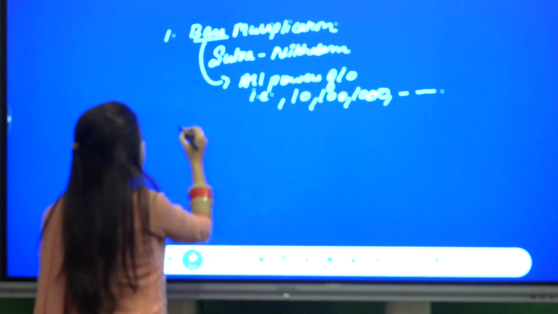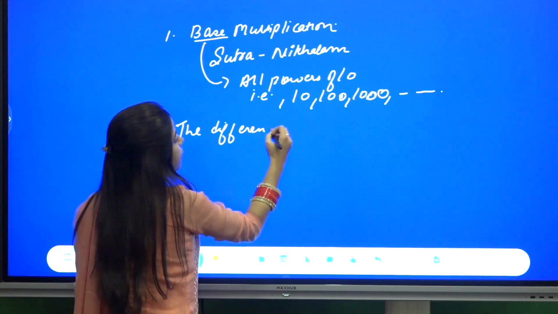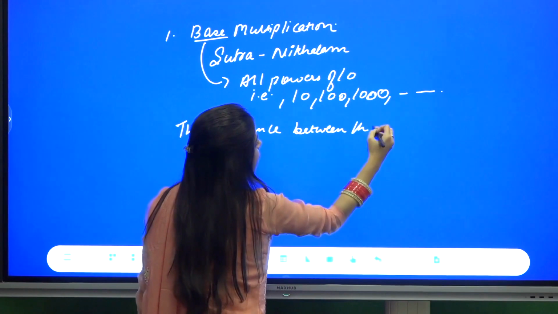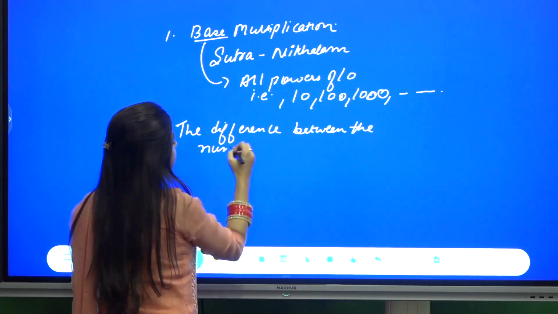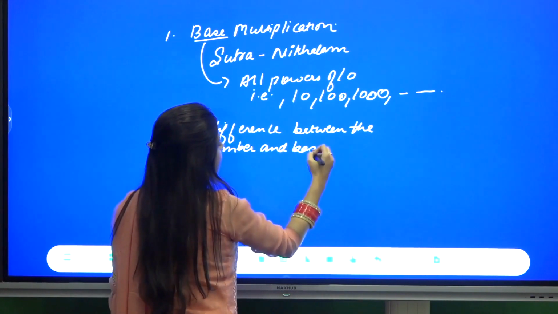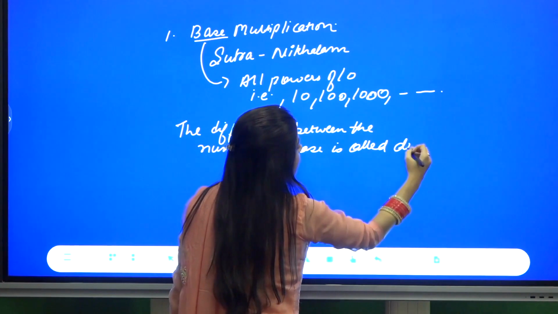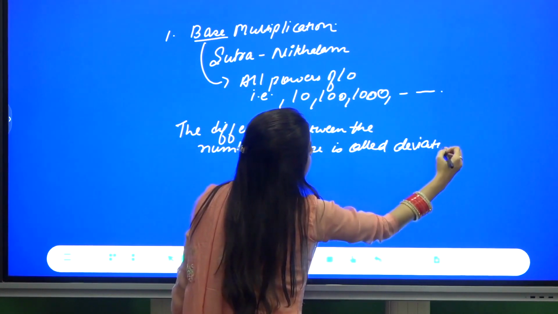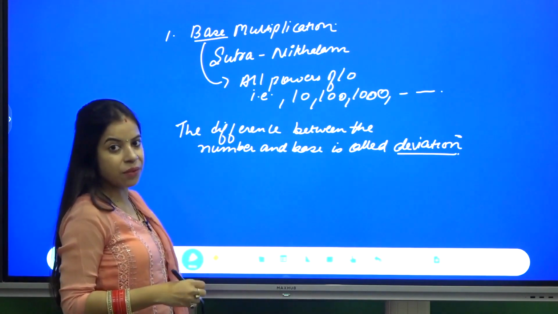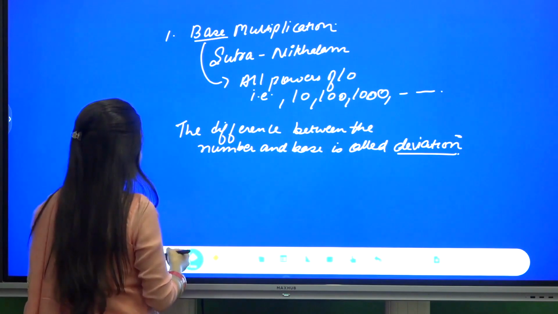So, the difference between the number and base is called deviation, which can be positive or negative. Let us see this with the help of an example.